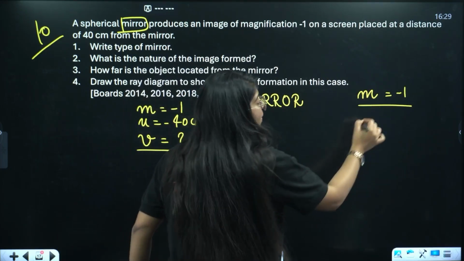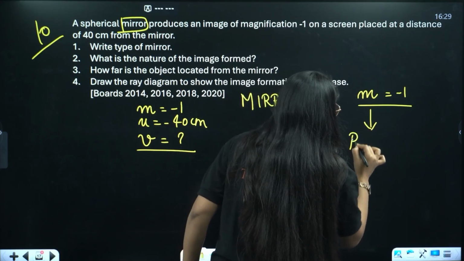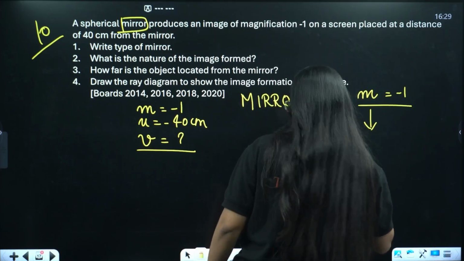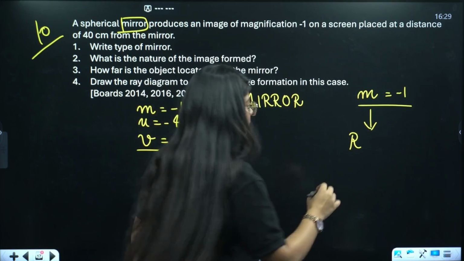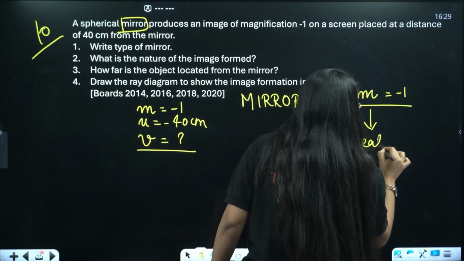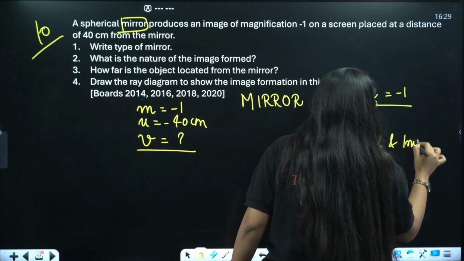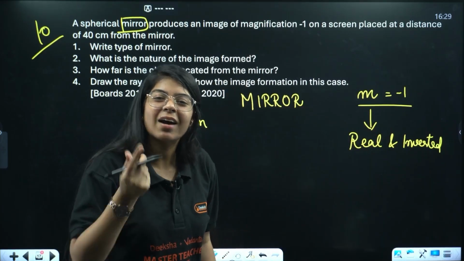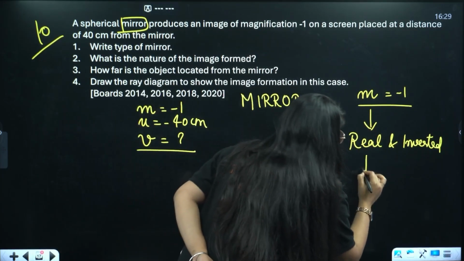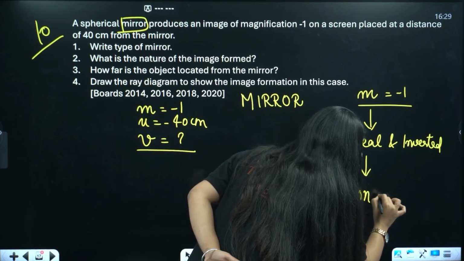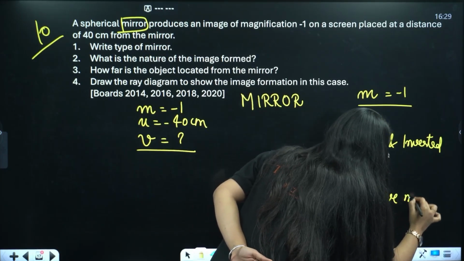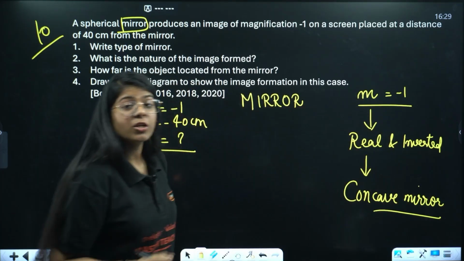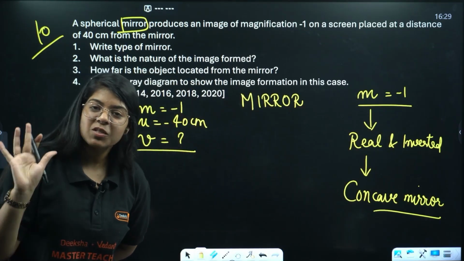Magnification is -1, which means the image is real and inverted. Now real and inverted image is being made by only one kind of mirror, and that is concave mirror, because we know convex mirror never forms real and inverted, it always forms virtual and erect image. First part is already done.